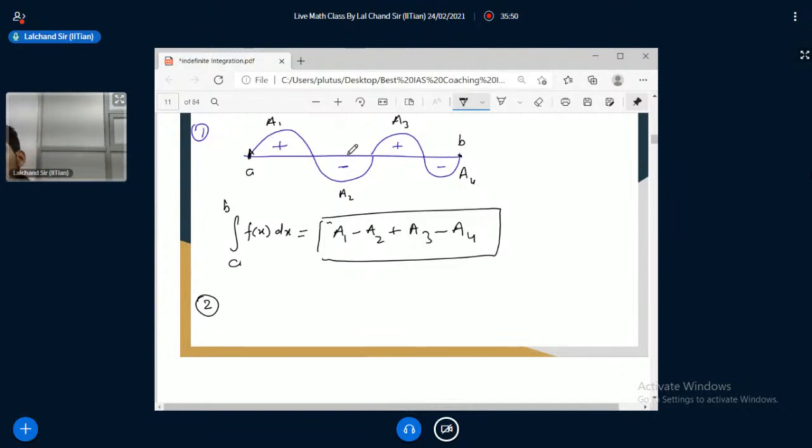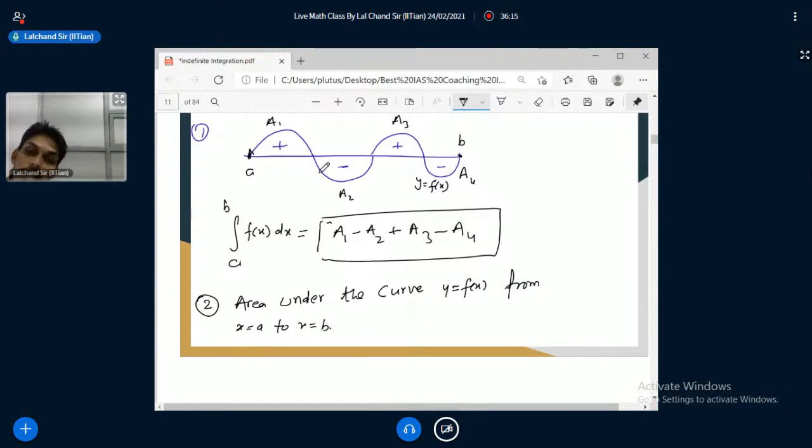So if someone asks, let's suppose y equals f(x), the area under the curve y equals f(x) from x equals a to x equals b, then we have to consider each area with absolute sign, plus sign.